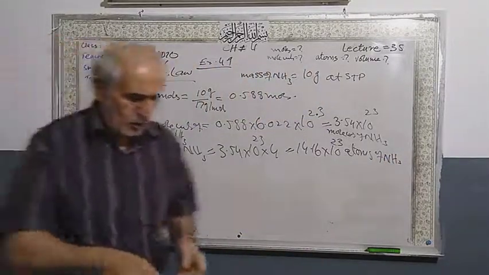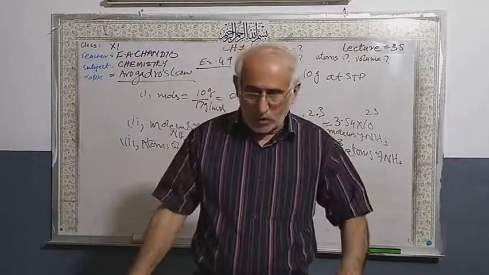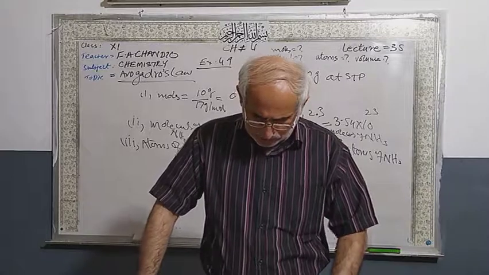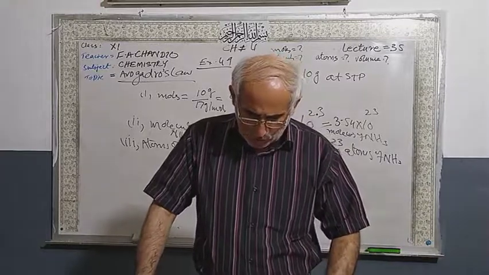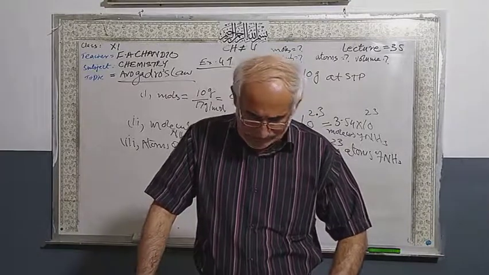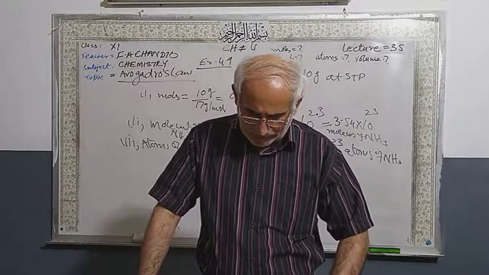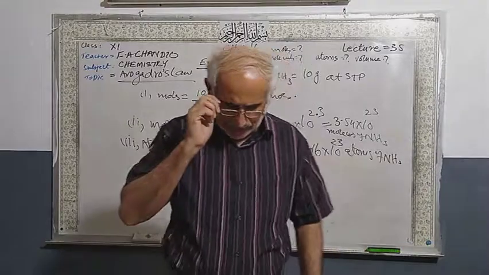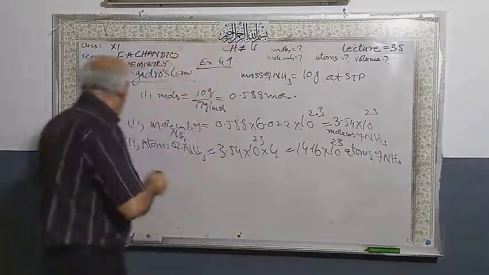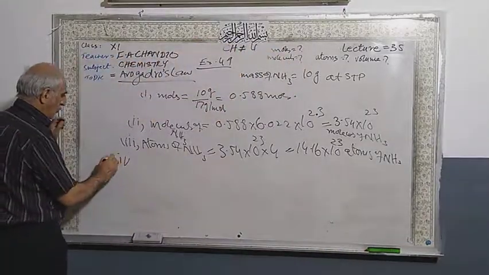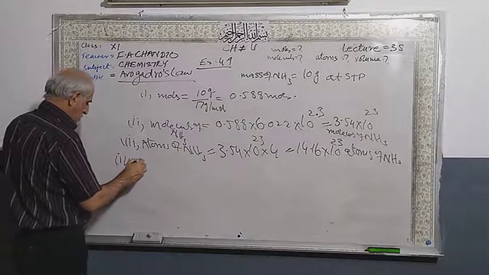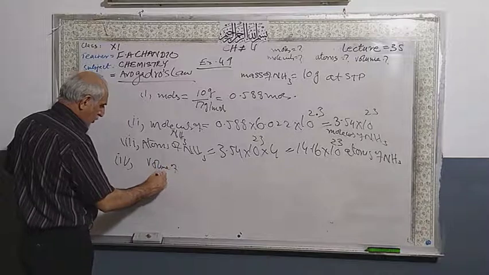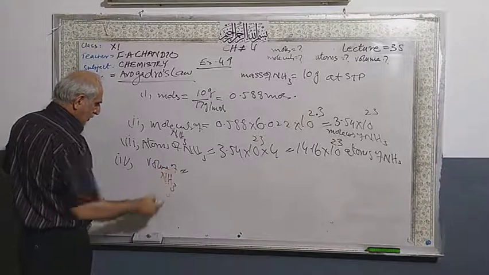Then the volume, you have to calculate the volume. The volume is equal to the moles multiplied by the molar volume. Number 4, volume of ammonia at STP.